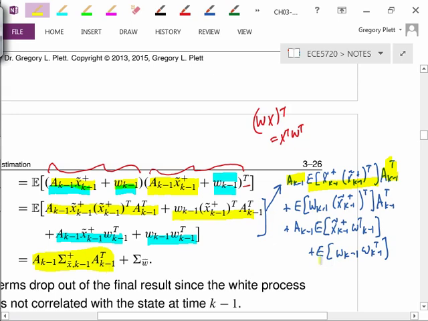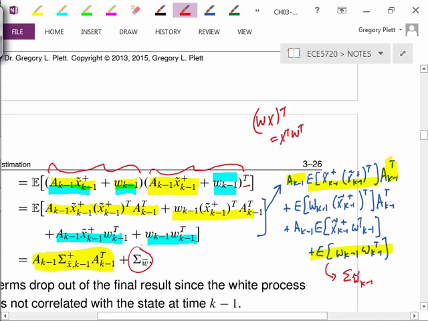Then at the very end, I've got the expected value of w wᵀ, and in the first step we would write that as Σ_w,k-1, and then recognizing that w is zero mean, the correlation is the same as the covariance, so I can put the tilde on top, and that gives me that term right there.